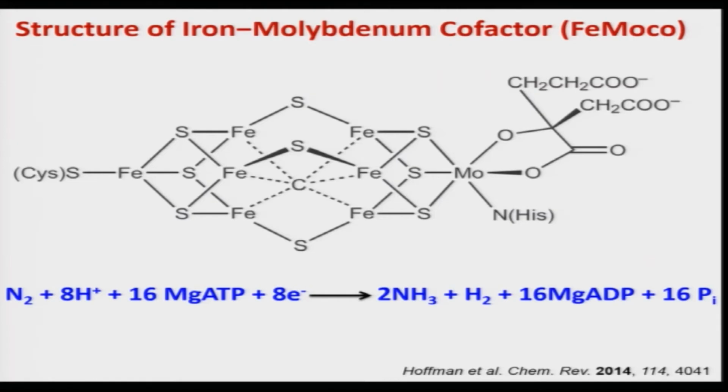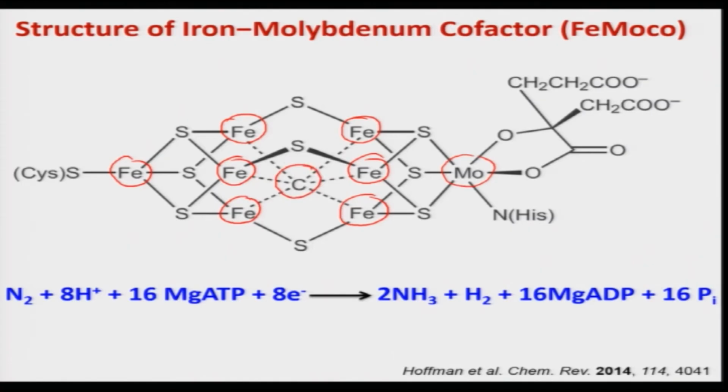It is, as you can see, a cage-like arrangement of one molybdenum and 7 iron centers, 1, 2, 3, 4, 5, 6 and 7 iron centers, and a central non-exchangeable carbon single atom in the central cavity of the cage during nitrogen reduction.